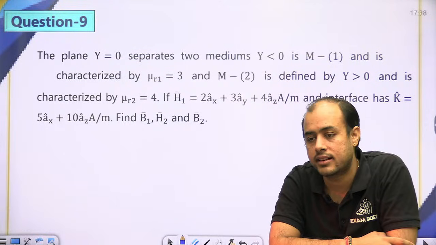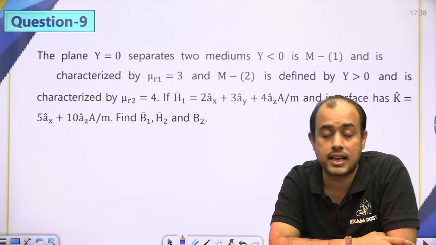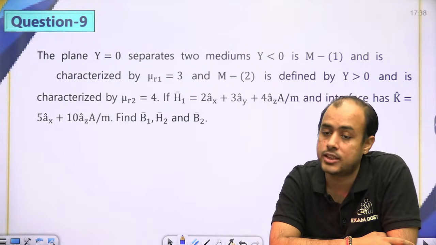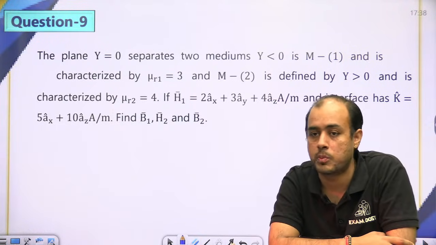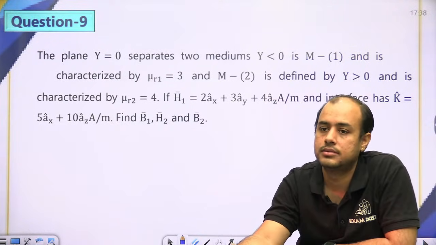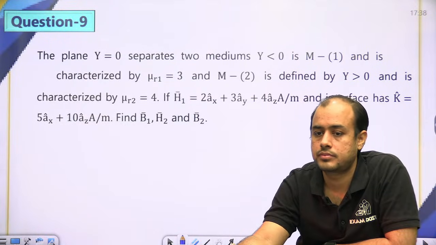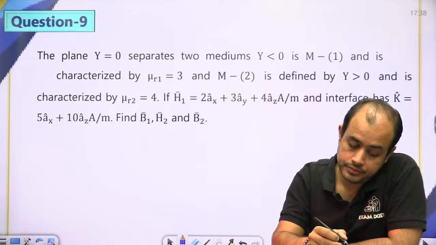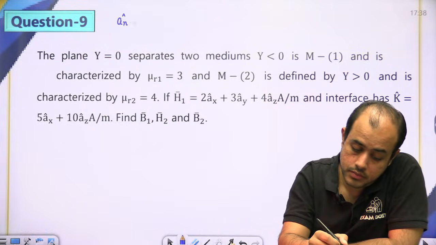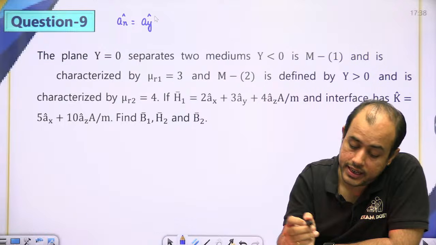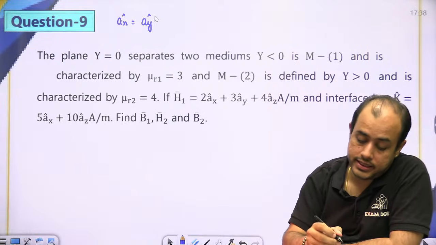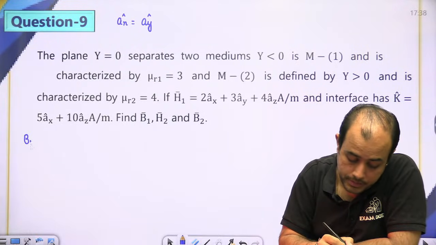Above the plane, take the positive direction of gradient. अगर मीडियम टू प्लेन के नीचे है तो माइनस ग्रेड फाई लेना, और ऊपर है तो प्लस ग्रेड फाई लेना होगा. So an cap is ay cap because we are going from y less than 0 to y greater than 0.